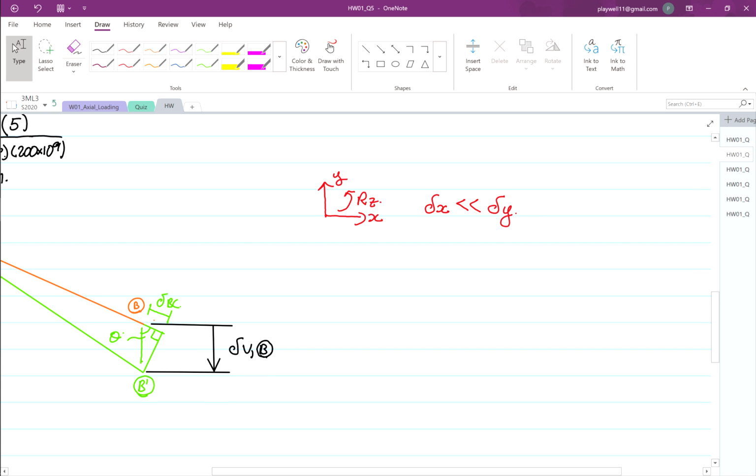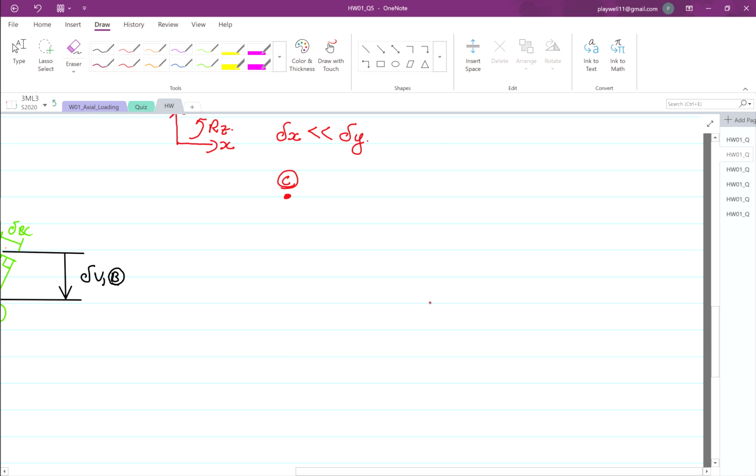From here, I'm going to draw. This is where my point C is, and over here, this will be my point B. What we want to determine is this distance, where this over here is our B prime, vertically coming down.